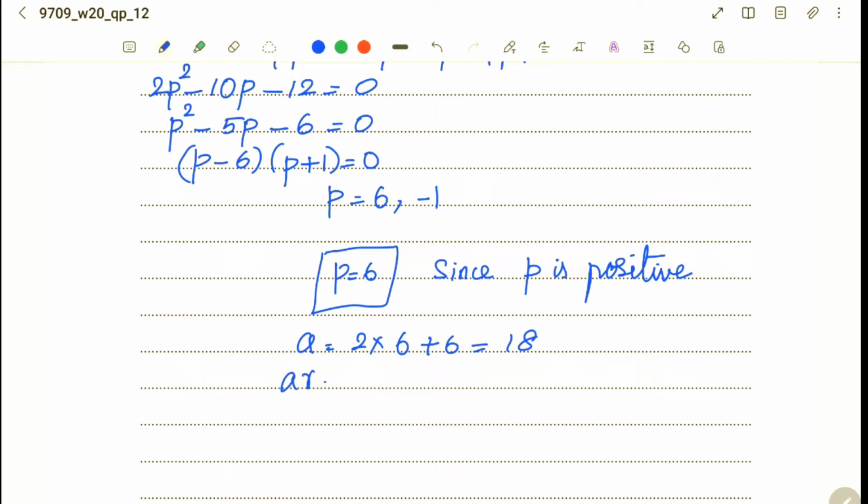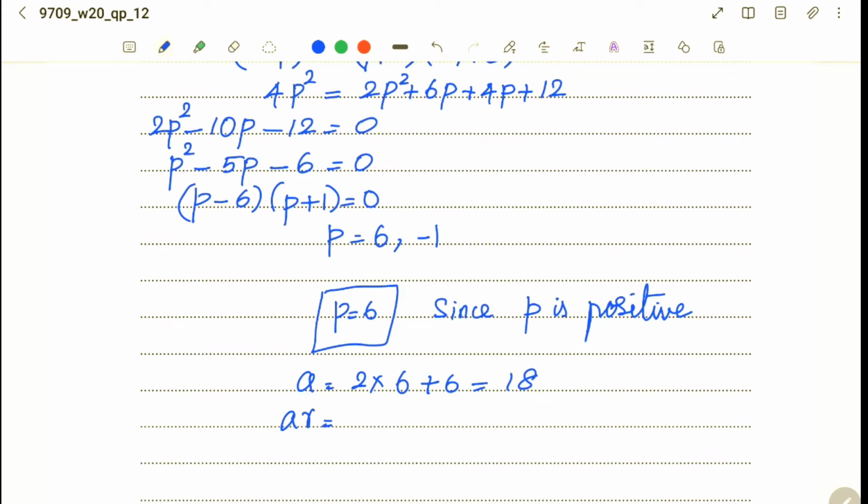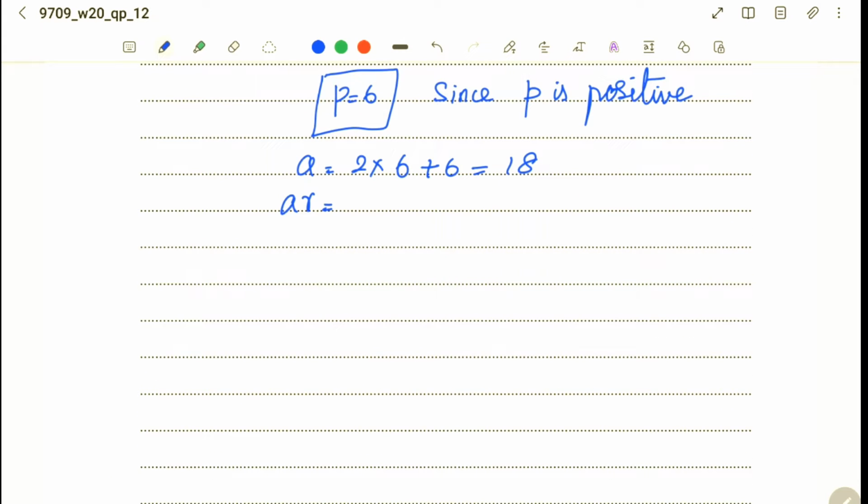And ar is −2p, which is −12. By using this, we can calculate the r value. ar divided by a is r. So −12 divided by 18 is −2 over 3.